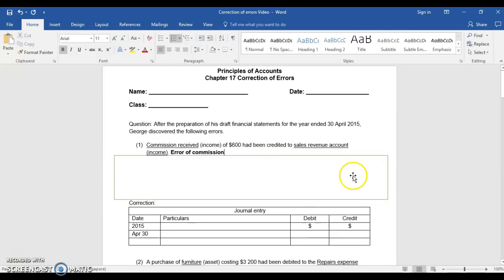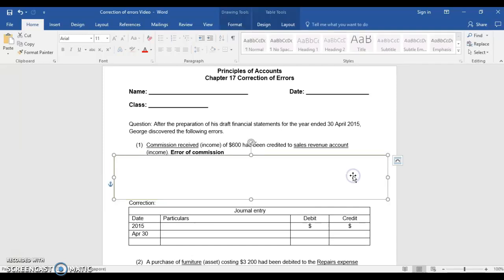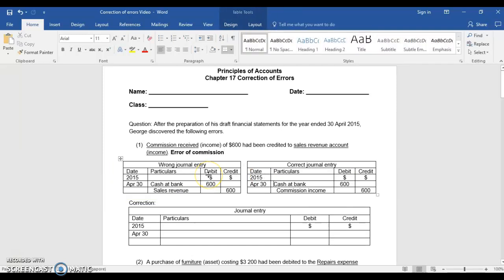How do we correct this error? You must always have the process of thinking: what was done wrong, what was supposed to be, and what is the correction in between that you're supposed to do. So here the wrong journal entry was the accountant debited cash at bank and credited sales revenue. What it should be instead was a debit of cash at bank and a credit of commission income.